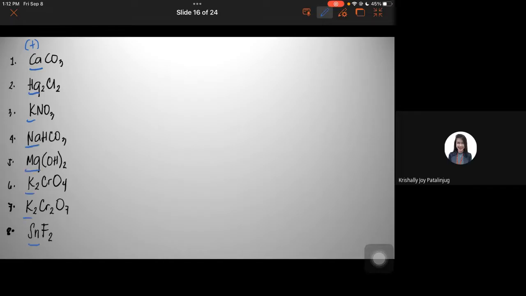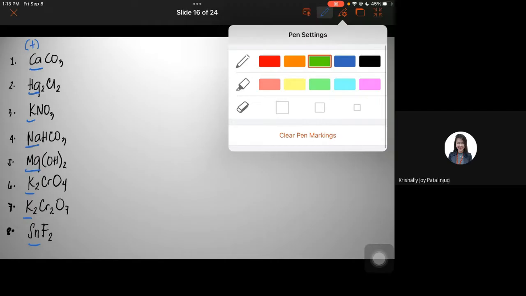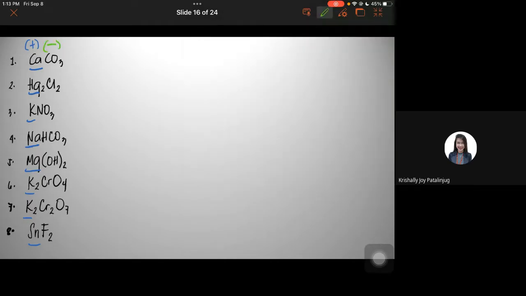These underlined elements or atoms, ions, are cations. The rest, underlined in, let's say, color green, are anions. That makes them ionic compounds because they consist of a cation followed by an anion.